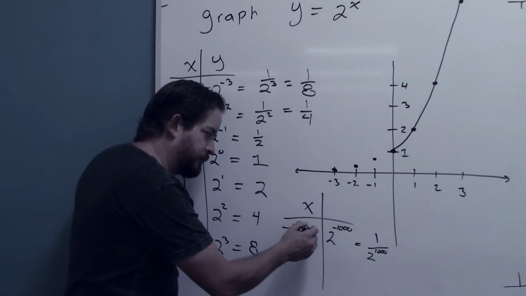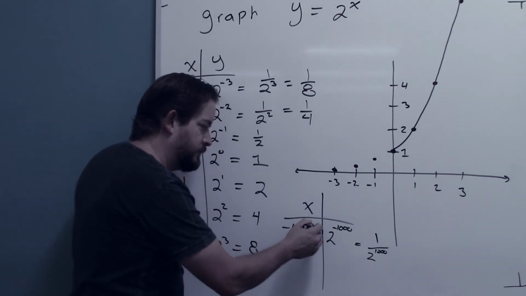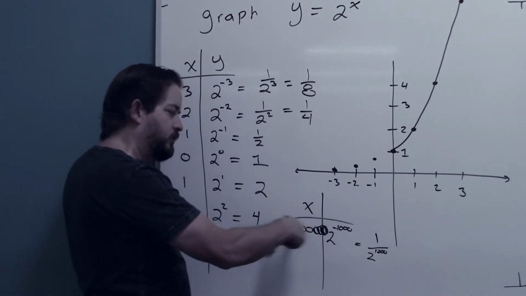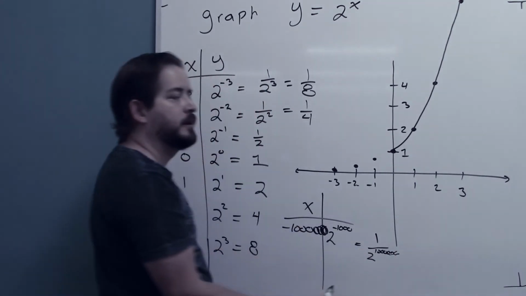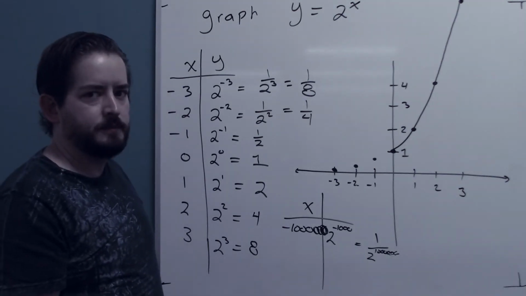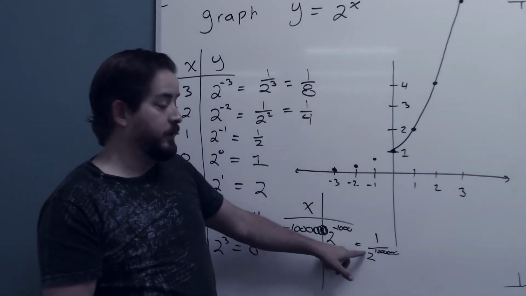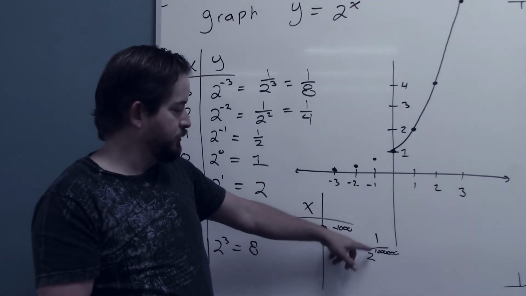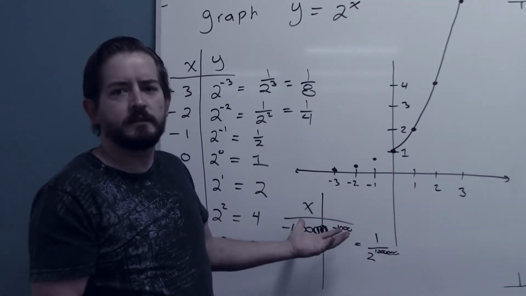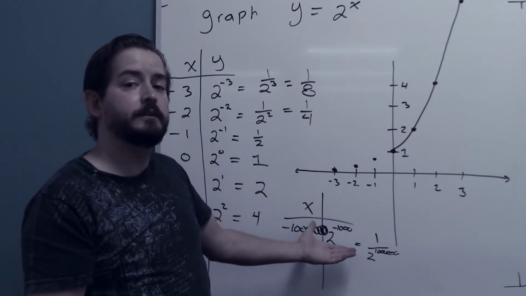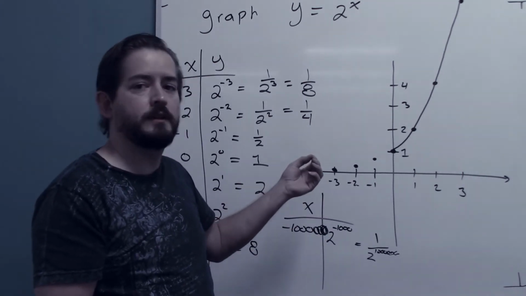I can say, well, what if we go to 10,000 or 100,000 or a million, however big you want to make this number, it's still just going to be 1 over a really humongous number, but it's still going to be positive, right? It'll get very, very close to 0. 1 over 2 to the million, for all intents and purposes for us, is basically 0, but it's not actually 0. It's ever so slightly more than 0.